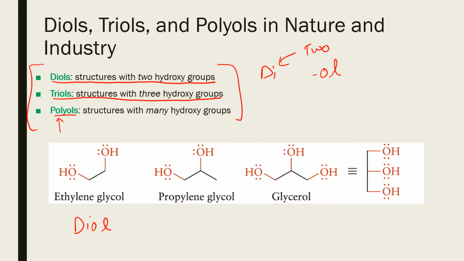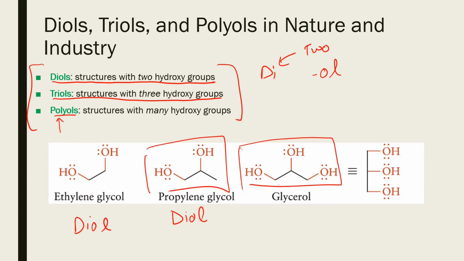In the second example, again, this alcohol contains two OH groups, so it's also a diol, and the name for this diol is propylene glycol. And finally, in the third example, we have an alcohol with three hydroxyl groups. Therefore, this is an example of triol.